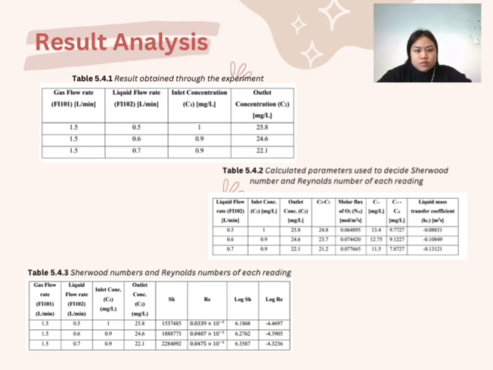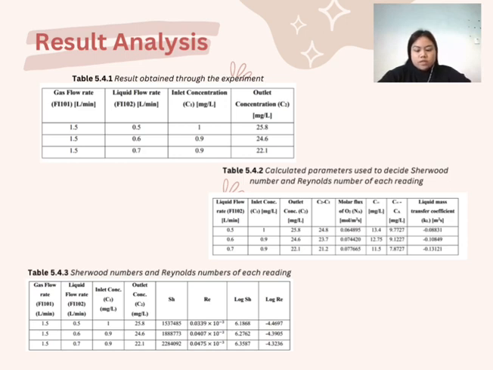For table 5.42, the molar flux of oxygen increases as the liquid flow rate increases. The increase of liquid flow rate has an impact on the liquid mass transfer coefficient. Then the Sherwood number also increases.